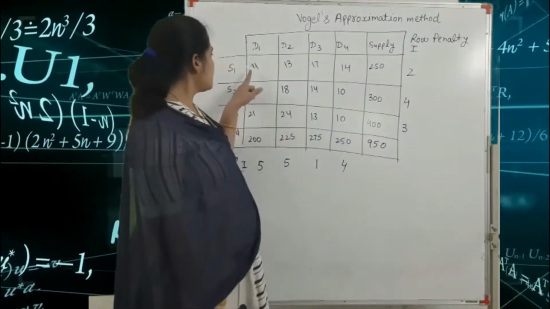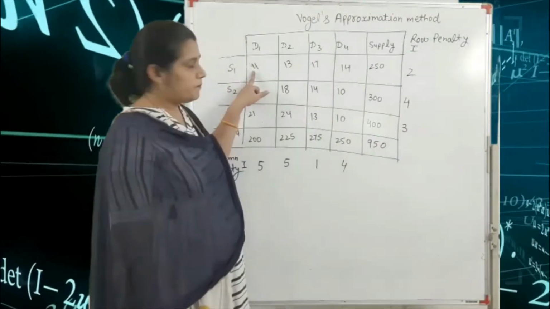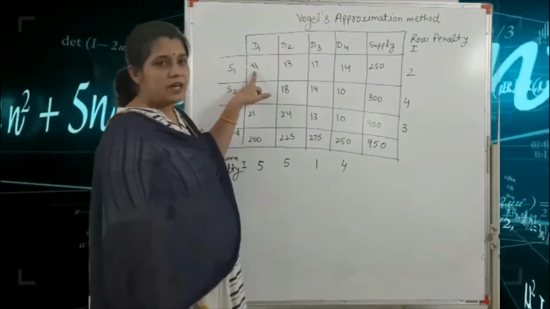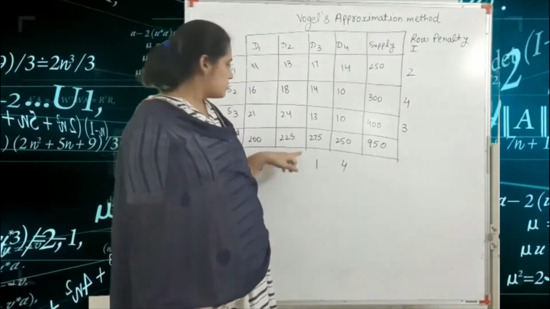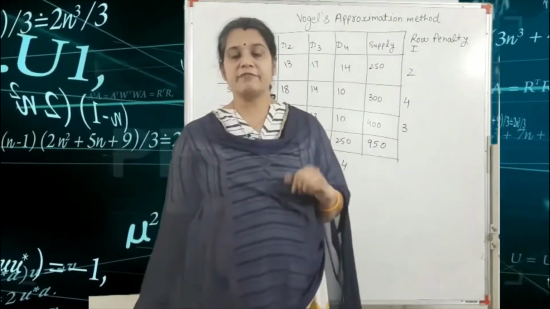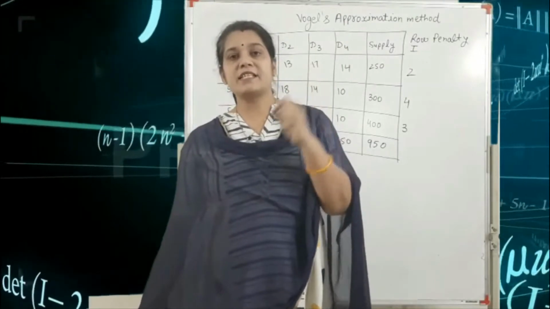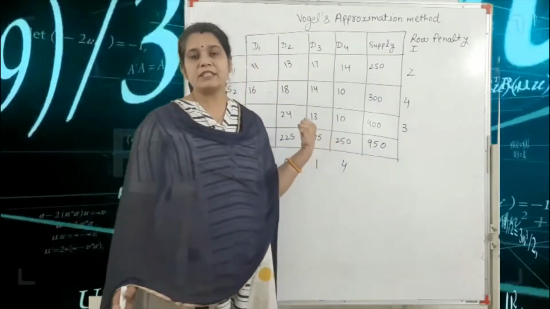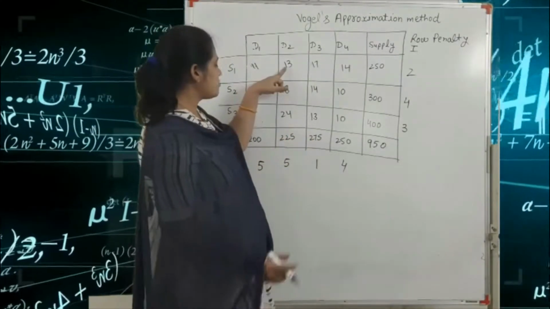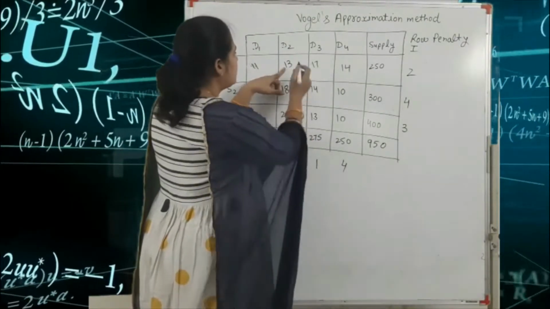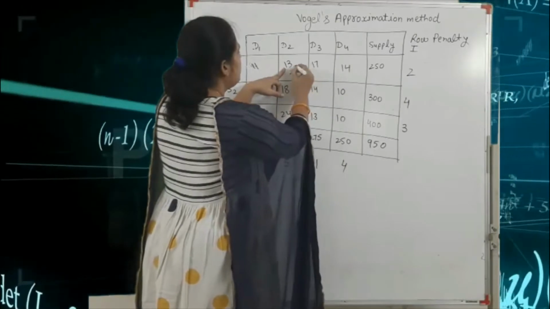If we consider the D1 column, the allocation number is 200, but if we consider the D2 column, the allocation is 225. Got it? 225 is larger than 200, so we allocate in the D2 column. Here in the D2 column, the minimum value is 13 and the allocation is 225.